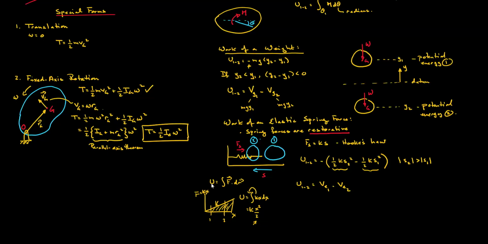It's only the component of the force in the direction of the displacement that is doing work. We saw that, as opposed to particle dynamics, in rigid body dynamics, we can apply moments, and moments do work as well. And then finally, we looked at the work of a weight and the work of an elastic spring force, and we saw that these can also be expressed in terms of their potential energy.